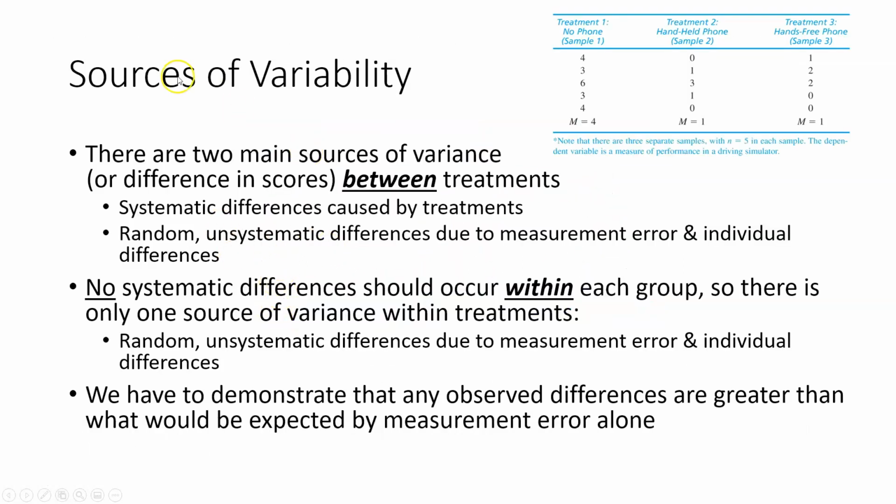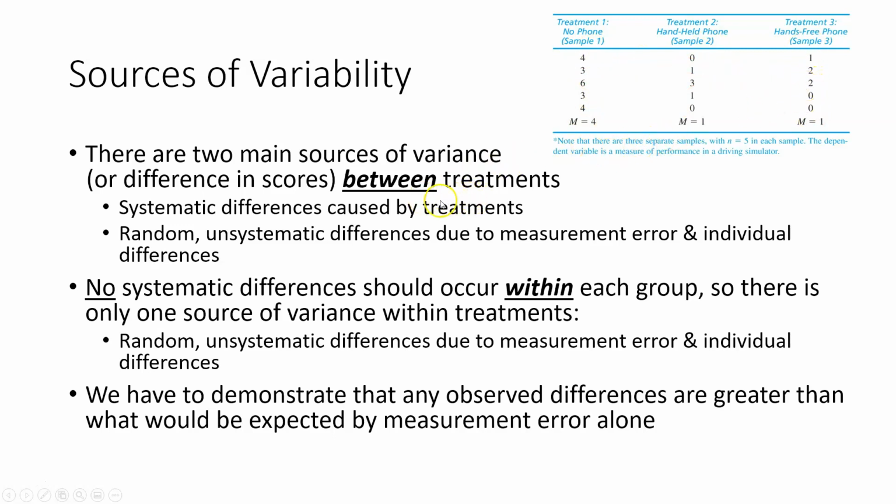Now, there are multiple sources of variability at play here. There are, in particular, 2 main sources of variance, or of differences in the scores. The first one is between treatments, and the second one is within treatments. Between treatments refers to the differences between Group 1 and Group 2, between Group 1 and Group 3, between Group 2 and Group 3.